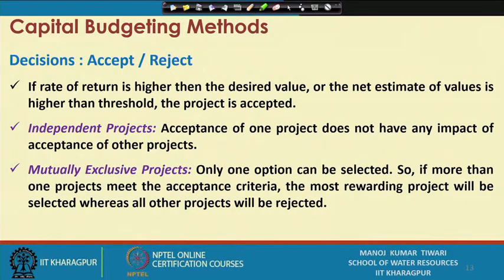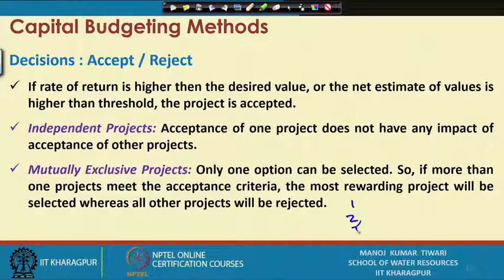However, there could be mutually exclusive projects where only one proposal can eventually be selected. If more than one proposal meets the acceptance criteria, let us say we have 4 different options: 1, 2, 3, 4.